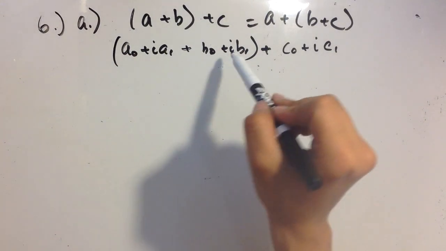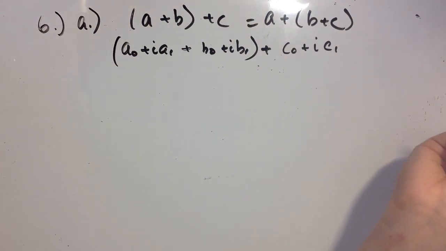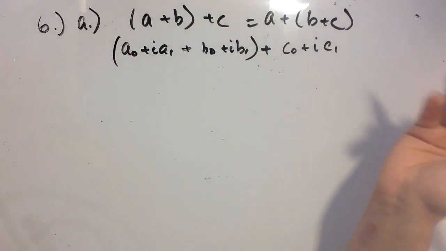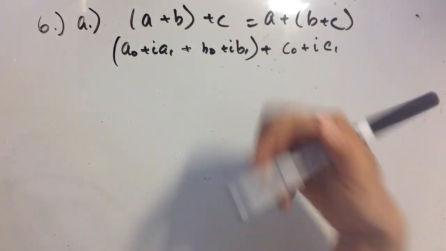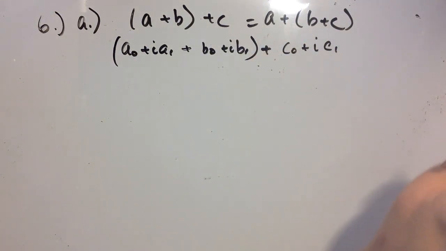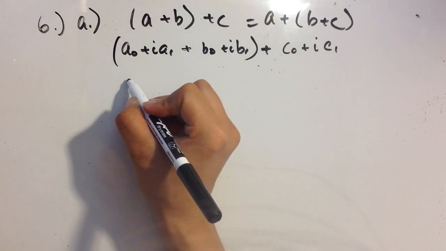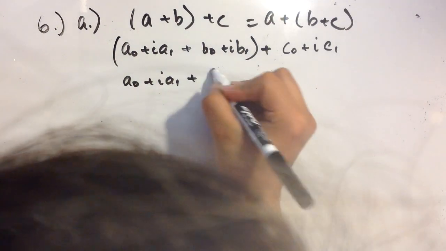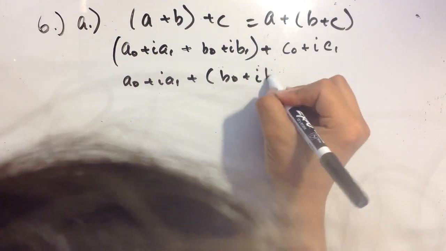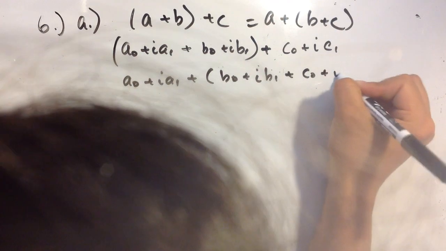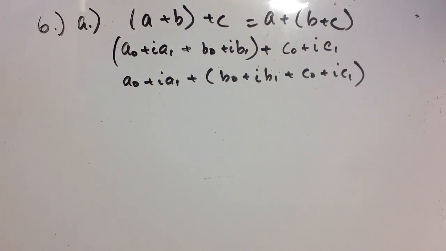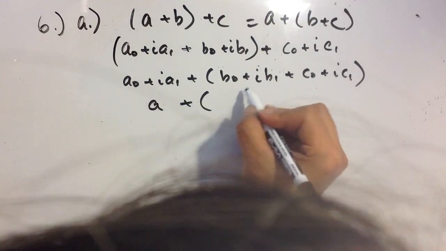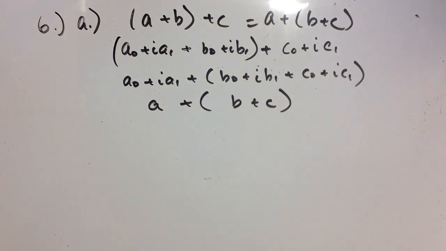In this case, this is a, this is b, and this is c. But these are all our familiar real numbers that we know the rules of arithmetic for, so we can rearrange the parentheses. So now that we have moved the parentheses, we can say that this is a, and this is b, and this is c, and we got our relation.